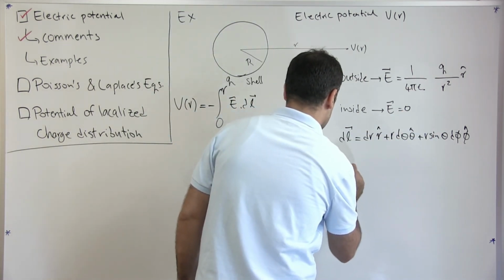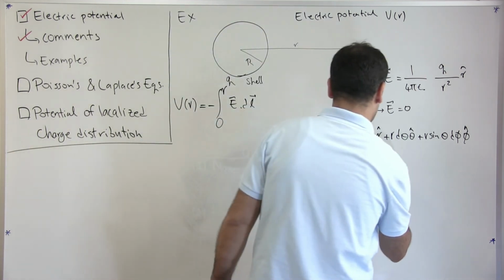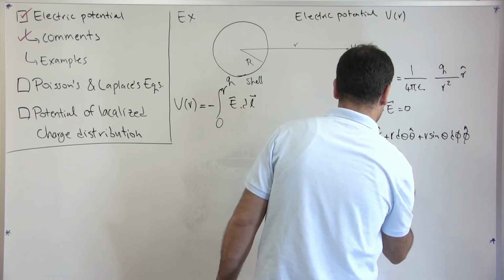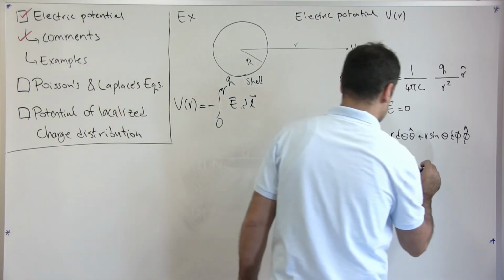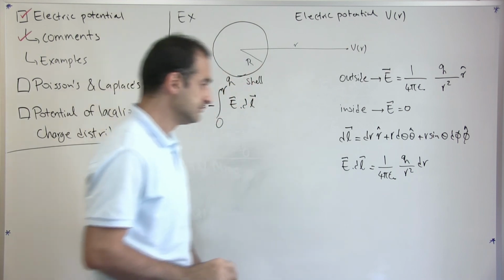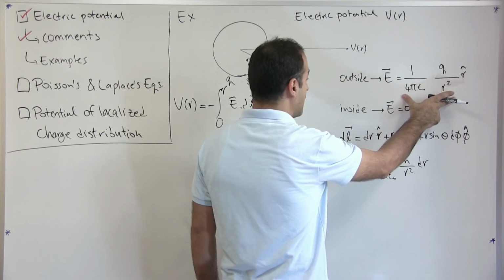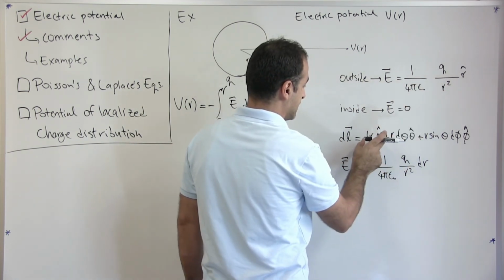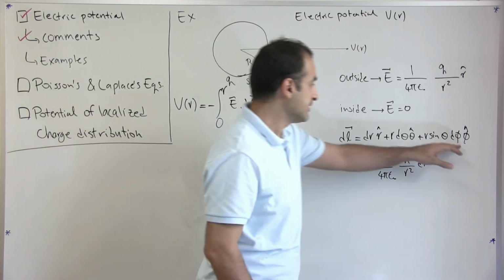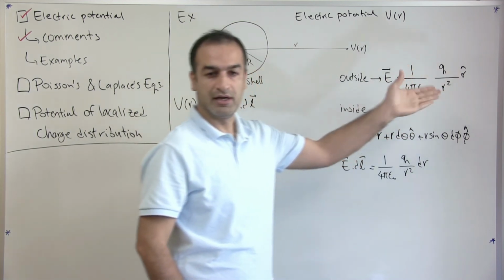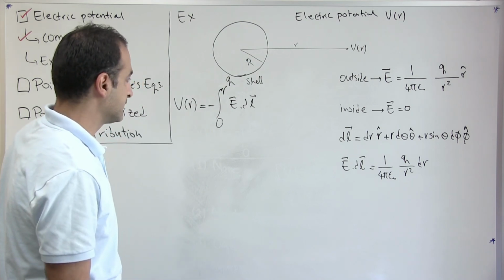So E dot dl is simply 1 over 4 pi epsilon 0 Q over R squared times dr. Okay, and that is basically the dot product of E times the first component dr r hat. The other components, theta hat and phi hat, are perpendicular to r hat, so they are just 0 after the dot product.